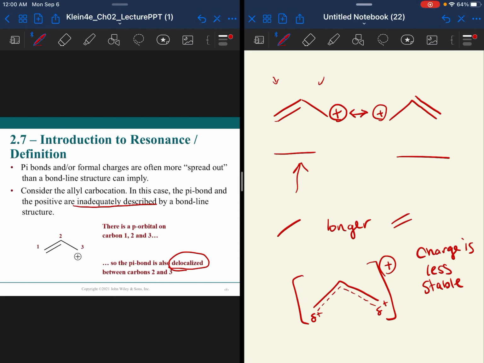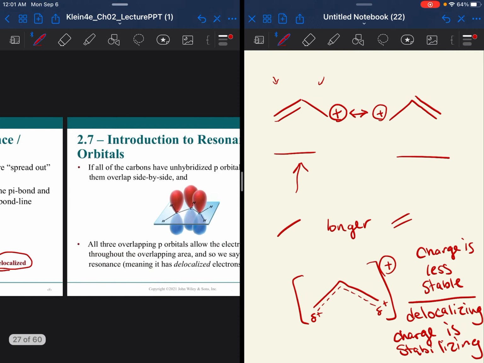Being able to spread out the charge is stabilizing. So delocalizing, or spreading out of a charge, can be stabilizing. So we're going to talk about resonance in reactivity. We're also going to talk about it when we talk about stability. And we talk a lot about stability in this course.